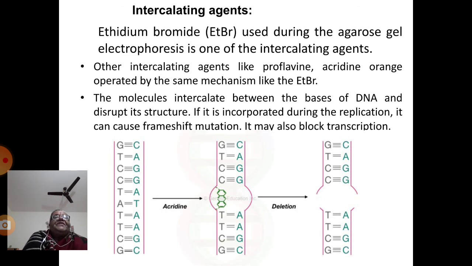What they do is, these molecules intercalate between the bases of DNA and disrupt its structure. So you can see the normal DNA molecule, and when you add acridine, you can see what happens, right? As a result, there is deletion, and it will block transcription also.